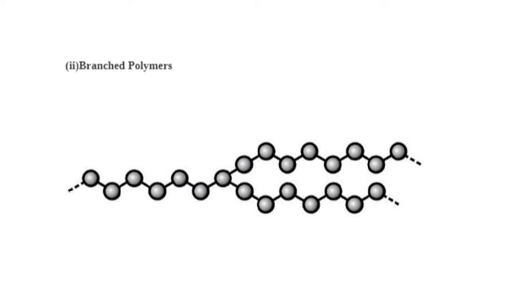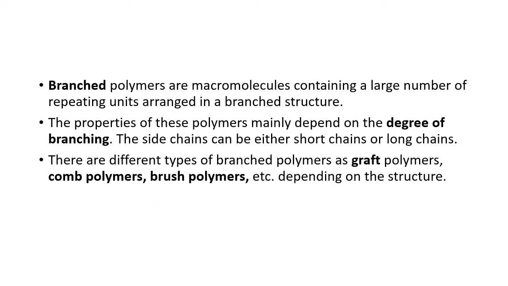So now we come to the next type of polymers, which are branched polymers. So here you can see that the single chain structure getting branched. Okay, so what are branched polymers? They are the macromolecules containing a large number of repeating units arranged in a branch structure.